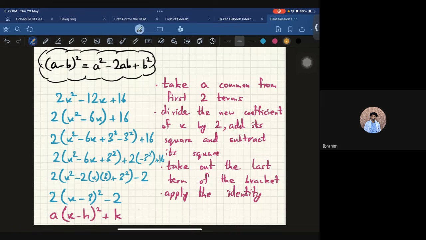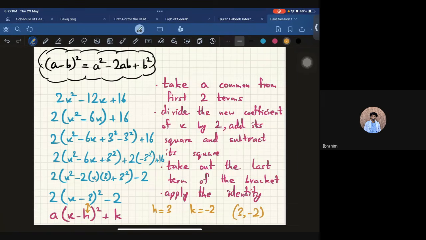So अब जो है हमारे पास, if we compare, so h is equals to 3, right? And k will be equals to negative 2. Because यहाँ पे प्लस था, यहाँ माइनस है, तो k should be equal to negative 2. So the turning point over here will be 3 comma minus 2. So 3 on the x-axis, minus 2 on the y-axis.